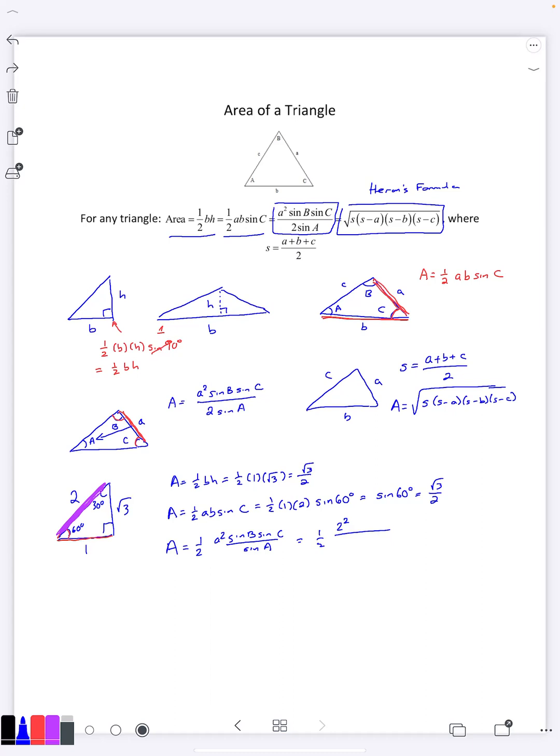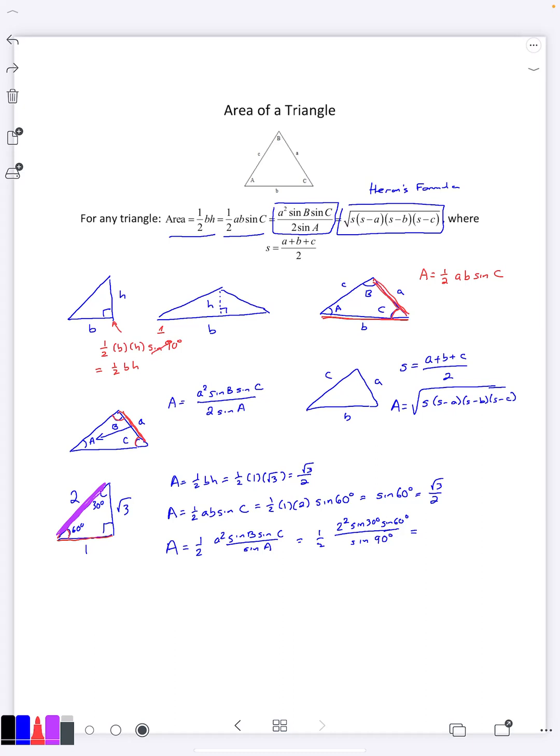And then remember, it's sine of the angles that are next to the side. So 30 degrees is next to side 2, and 60 degrees is also next to side 2. And then on the bottom goes sine of the angle opposite it. So 2 is the hypotenuse, opposite that is 90 degrees.